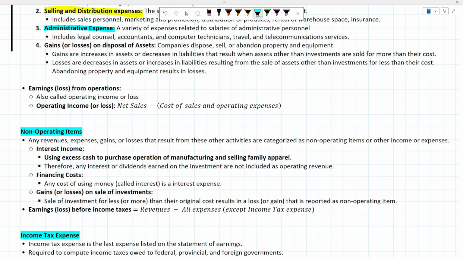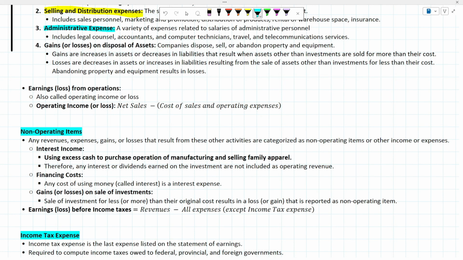Interest income: it's using excess cash to purchase operations of manufacturing and selling family apparel. Therefore, any interest or dividends earned on the investment are not included as operating revenue. Financing costs. So any cost of using money, called interest, is an interest expense.